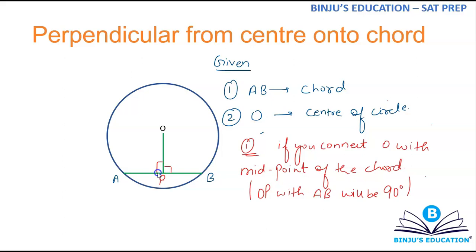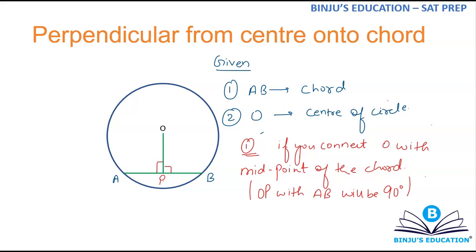So AB is a chord, O is the center of the circle. If you connect O with midpoint of chord, which is P in this case, then the angle OPA and OPB will be equal to 90 degrees. The converse of this is also true.